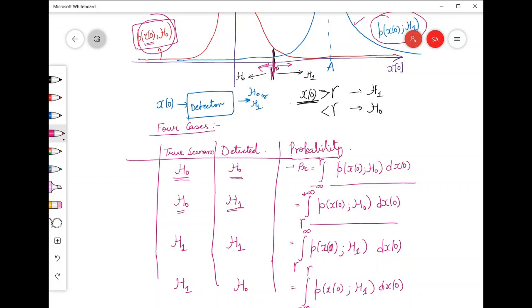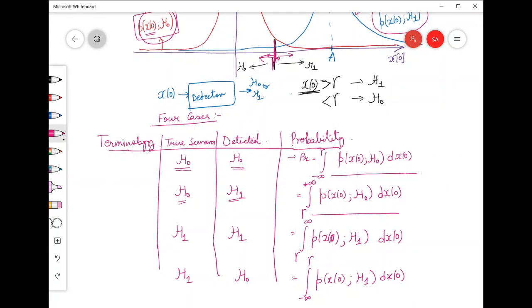And obviously there are certain names to each of these events. So let me write here terminology. We all know if H1 is correct and we detected it correctly, then this is called the probability of detection. If H1 was correct but we detected H0, this is called misdetection, or in other words, we also call it a miss. Now there is another terminology here.